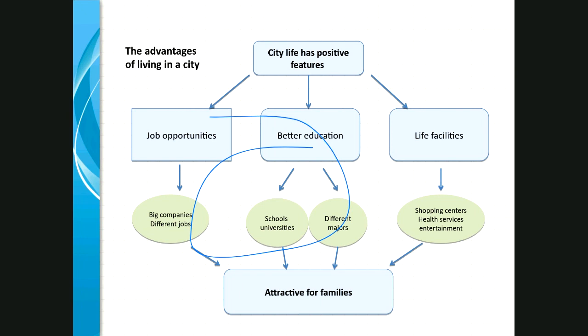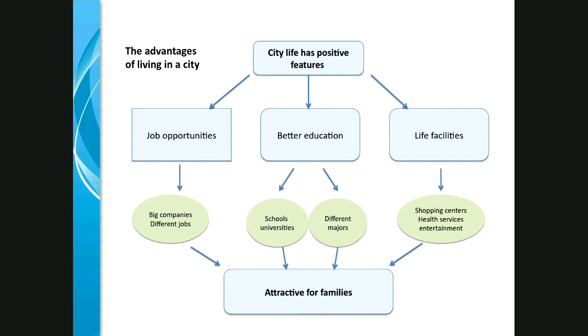The second main idea is better education, and finally life facilities. لاحظ كيف أنا كتبتها فقط كلمتين. You shouldn't write full sentences because you will not have time, okay, to write everything in this diagram. Just write very short details.